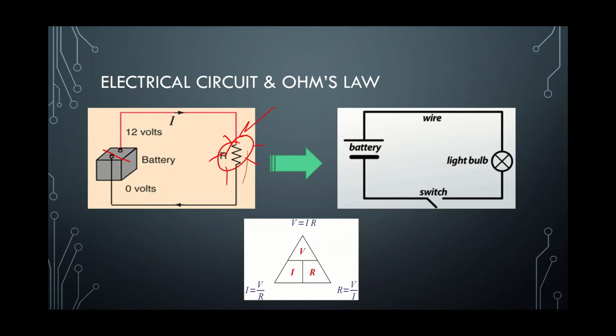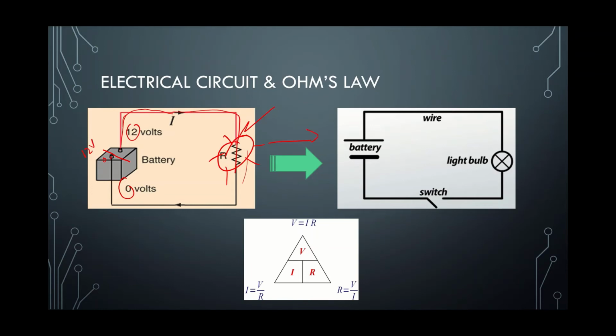This is 0 voltage, this is 12 voltage. So the difference between them is 12 volt, and that's what defines the battery. The current now will start moving from this terminal to this terminal to make a balance. During the movement, the lamp will glow.